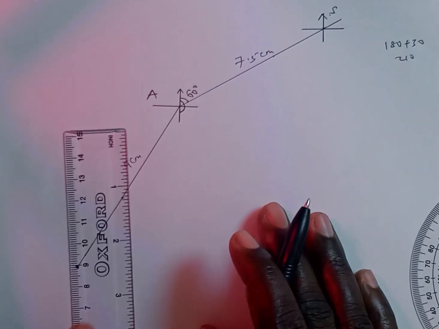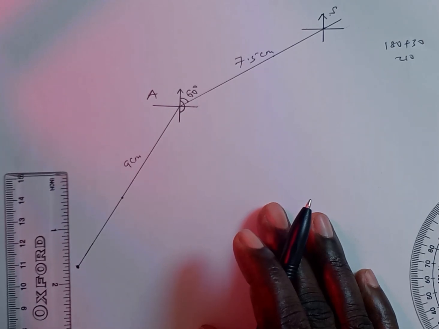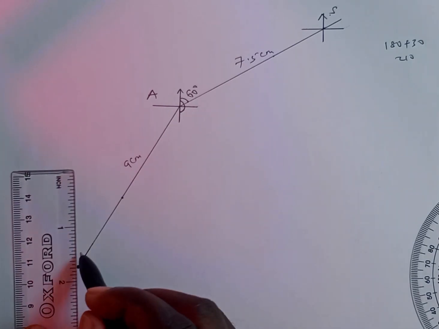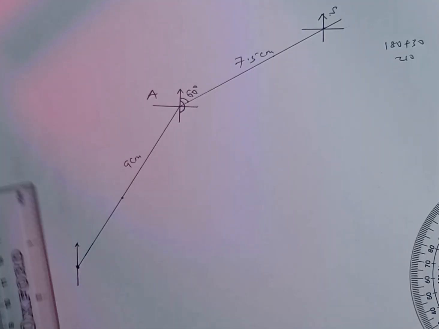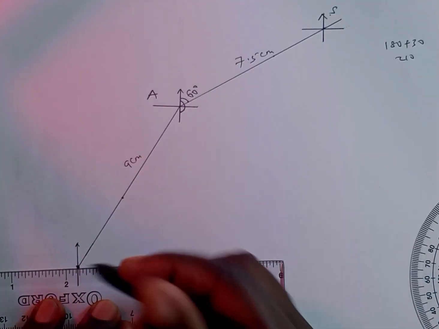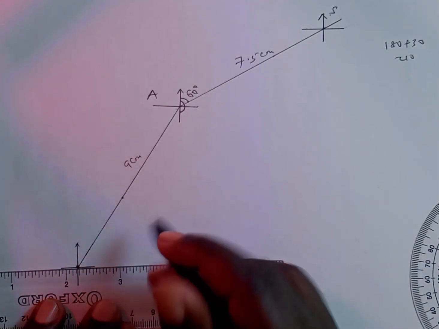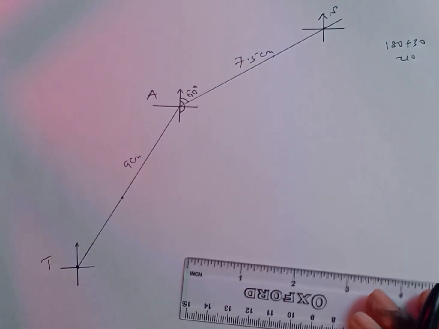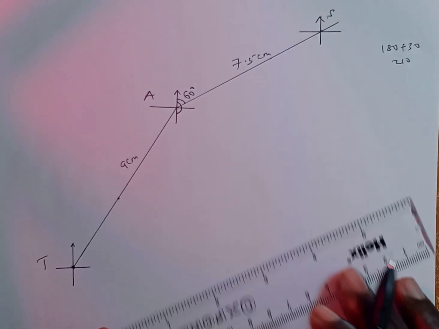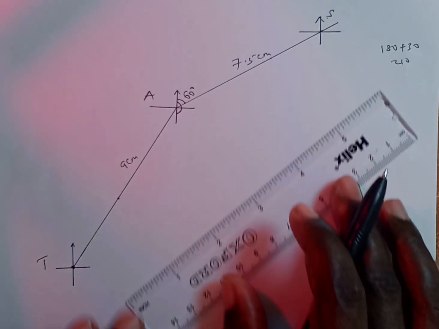So at this point again we come and draw another compass. So this is where we have our T. Once we have done that, we can now join the 2 points.